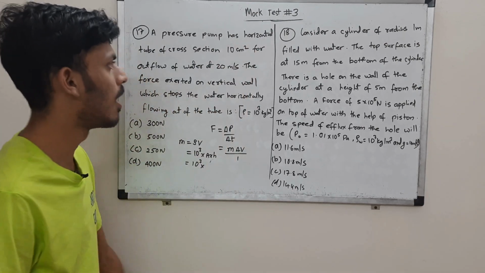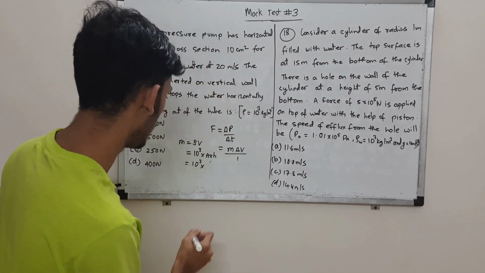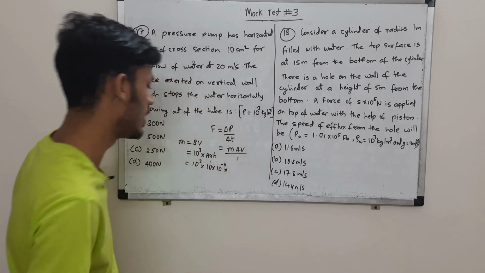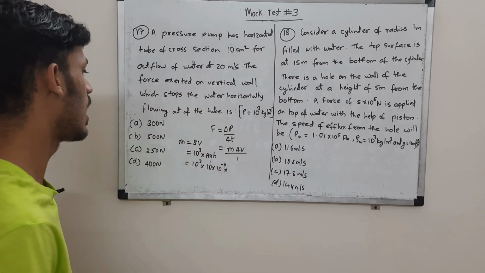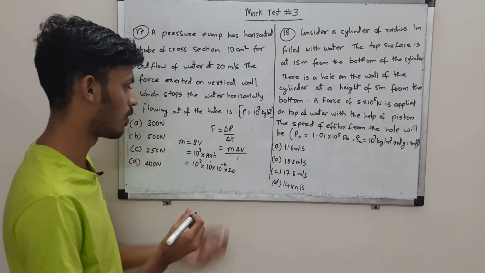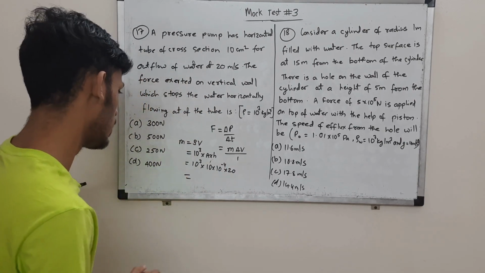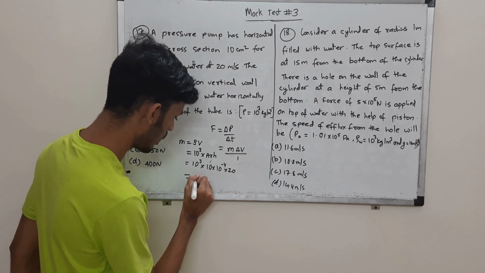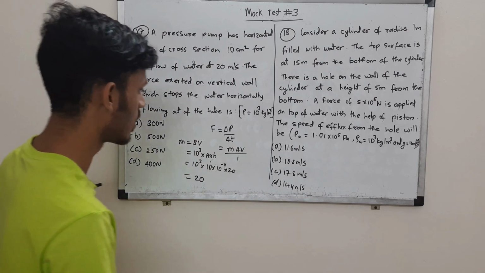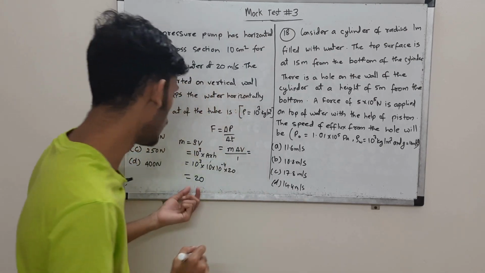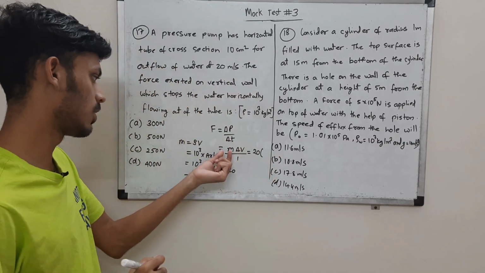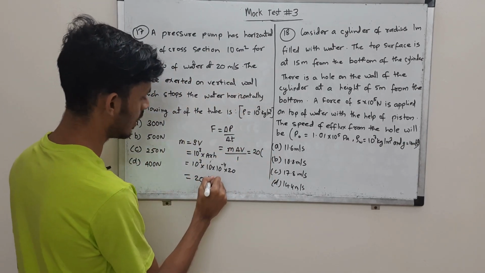Area is 10 centimeters square, so 10 into 10 to the power minus 4 after converting into meters. Height is 20 meters for the 1 second we are considering. So the 10 to the power 4 and 10 to the power minus 4 get cancelled, and only 20 will survive. So the mass is 20 kgs, everything in SI.